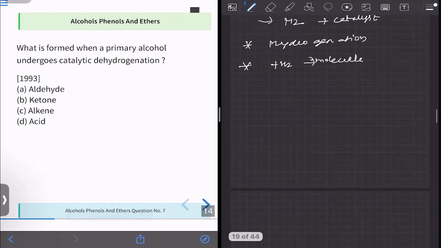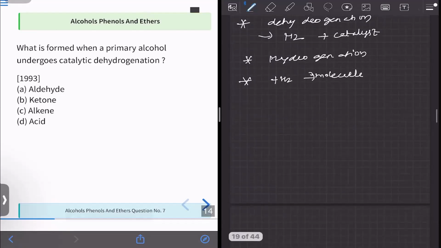What will be the option? Which option produces primary alcohol whenever it undergoes catalytic hydrogenation? For example, take primary aldehyde, RCHO.